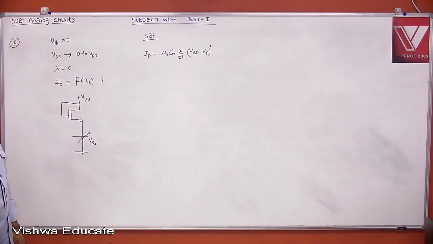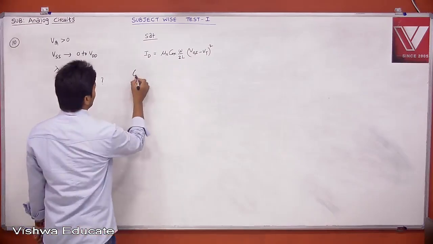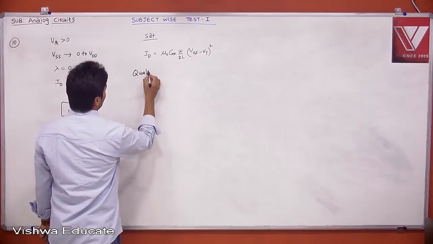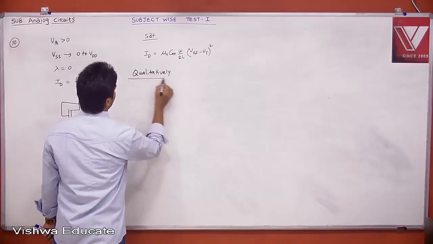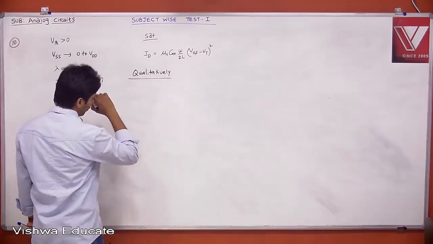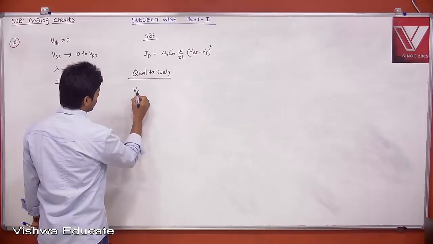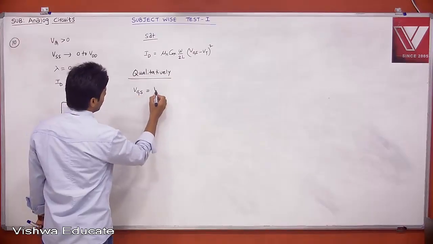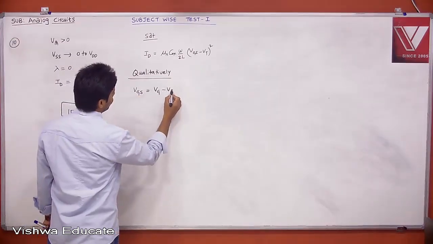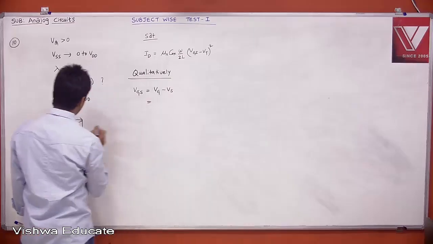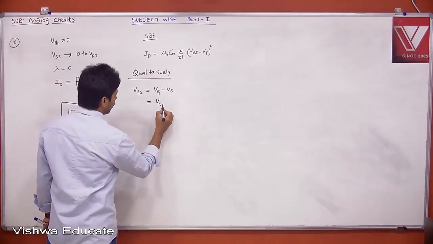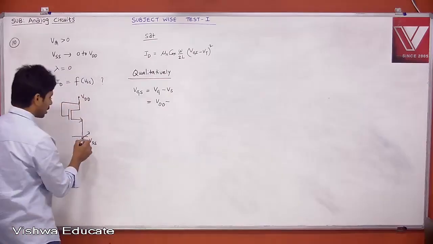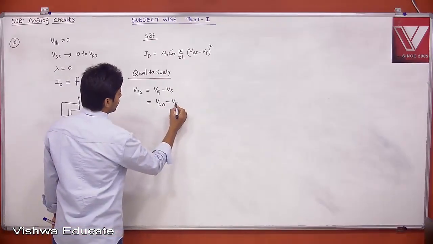I can explain qualitatively and quantitatively. Qualitatively, what is VGS? Your gate to source voltage is equal to the gate voltage minus the source voltage. Your gate is connected to VDD, and your source is connected to VSS.